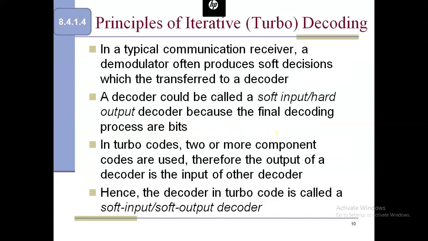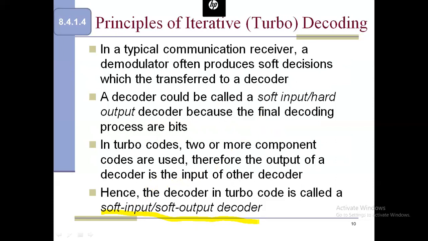A decoder could be called a soft input hard output decoder because the final decoding process outputs bits. So this is a soft input hard output decoder, as I told you earlier, and in our case, we are implementing a soft input, soft output decoder.